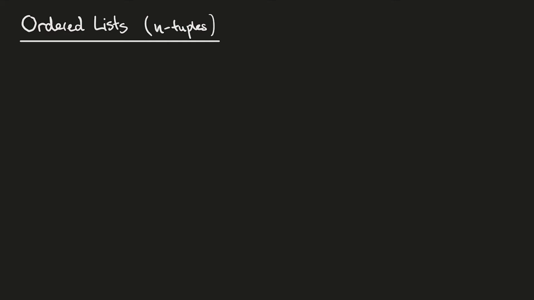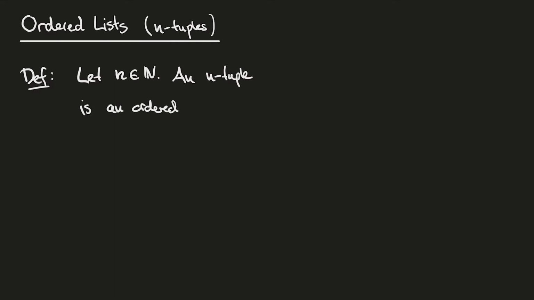The last ingredient we'll need in order to define Rn and Cn are ordered lists, or n-tuples. So let me give the definition. First, let n be any natural number. An n-tuple is an ordered list of the form x1, x2, and so on up to xn.